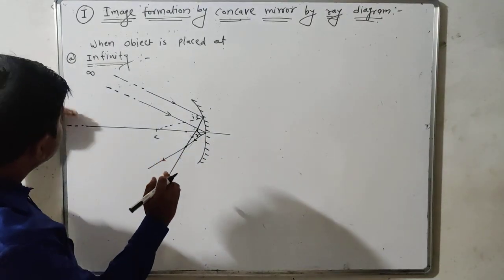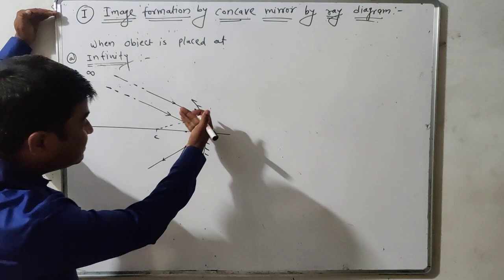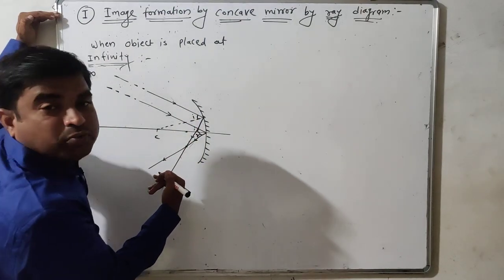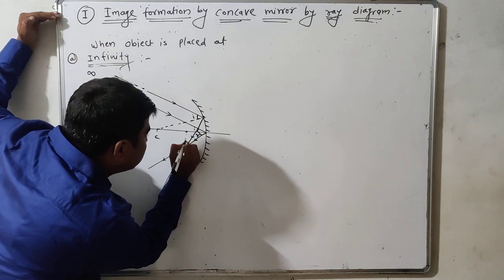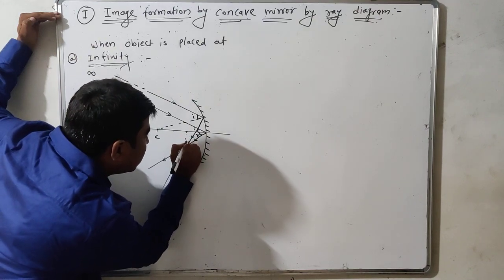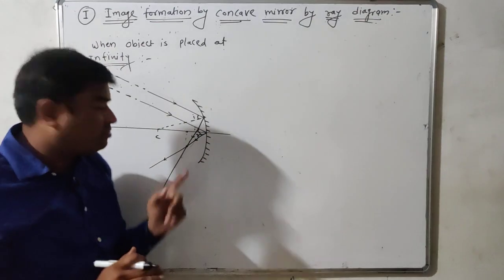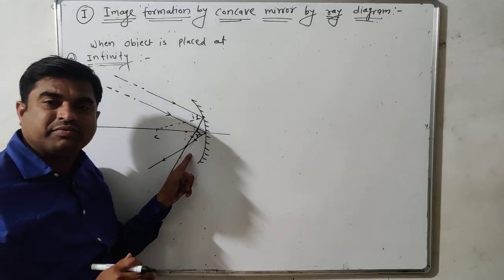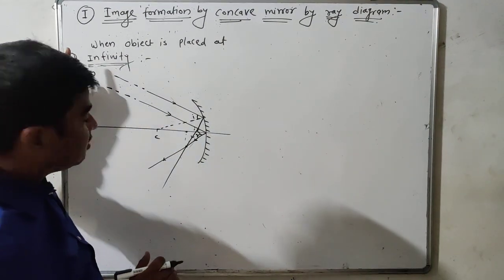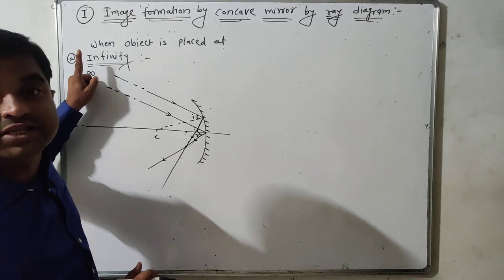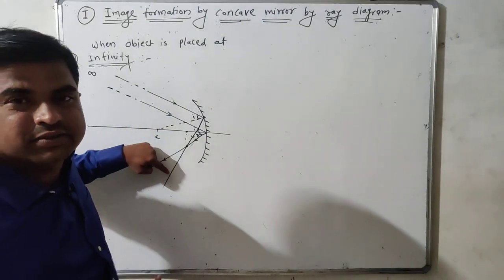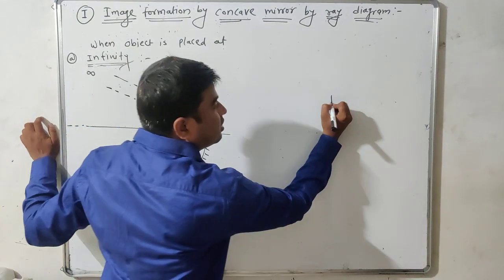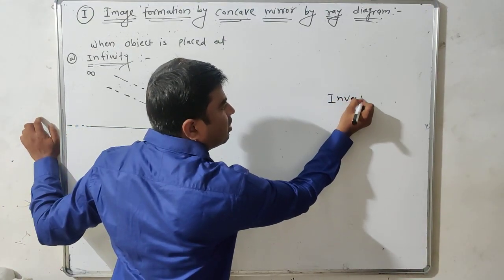The object is located above the principal axis and its image is obtained below the principal axis, but exactly where? In the focal plane, exactly in the focal plane. The object is located above the principal axis, but its image is obtained where? Below the principal axis. That means the image is what? Inverted.